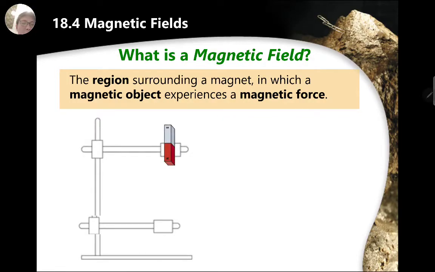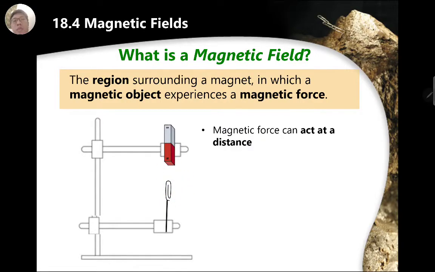So we had this experiment earlier where we hung a magnet, and now you know that the region around the magnet has a magnetic field such that an object brought into the magnetic field will experience a magnetic force, which is why this thing gets attracted here, right? So we don't really know what the magnetic field looks like yet, but we know that there's a region of space around here, and that's why this thing experiences a force.